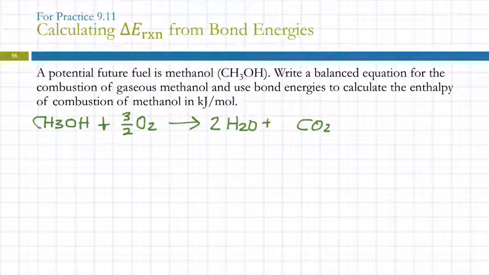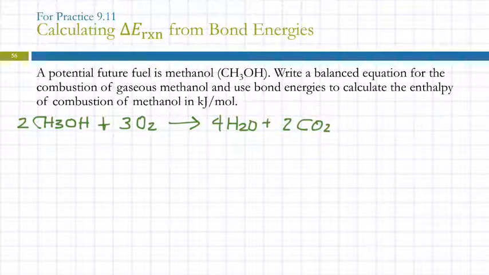We can't. So we're going to multiply everything by 2 to clear that fraction. So 2 of these, multiplying this by 2 gives us 3. And we're going to change this 2 into a 4. And then this is going to have a 2 in front of it.